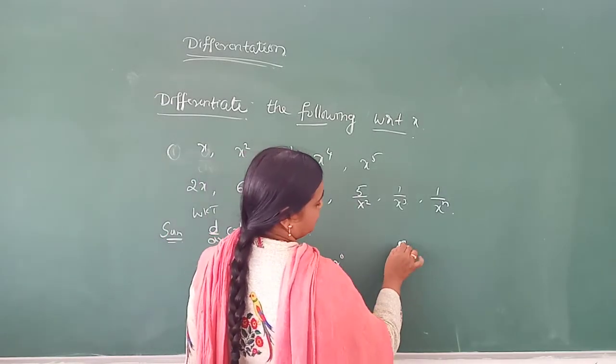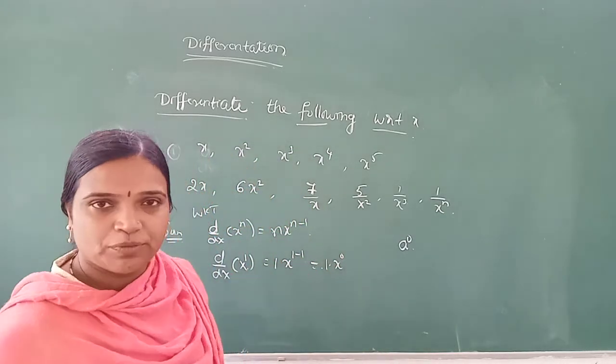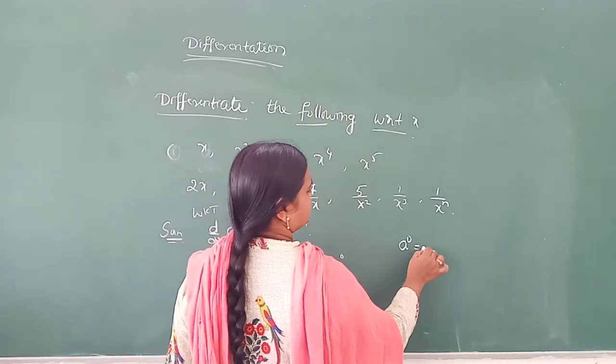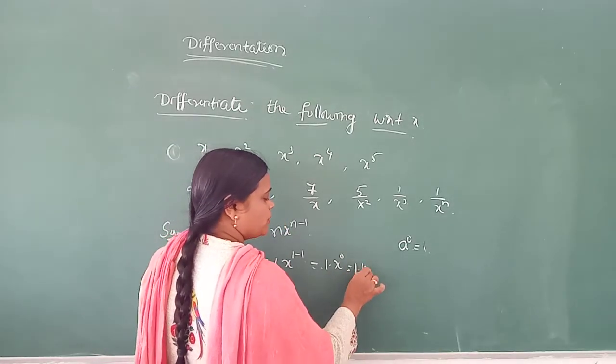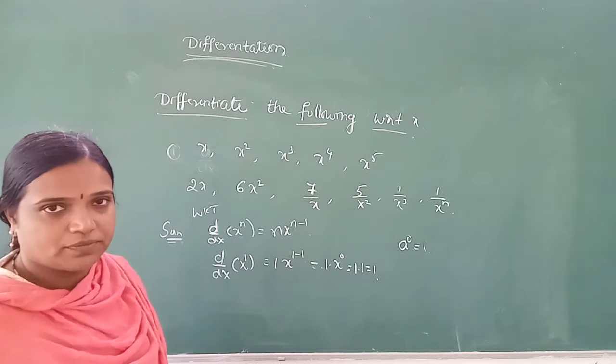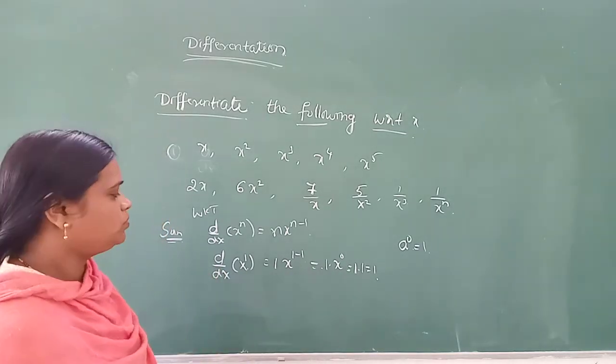We know that anything raised to 0, either a to the power 0 or 10 to the power 0, the answer should be 1. Therefore 1 into 1 is 1. Its differentiation of x is 1.